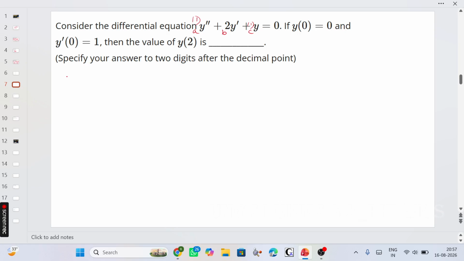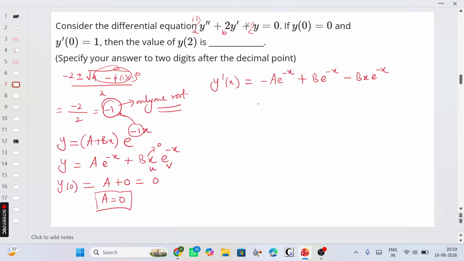Then we have to find y prime, that is the first derivative of y. So we can write minus a e power minus x plus b e power minus x minus bx e power minus x. Here we used the uv formula. You have to remember what the uv formula is. Then y prime of 0, so this term will become 0.